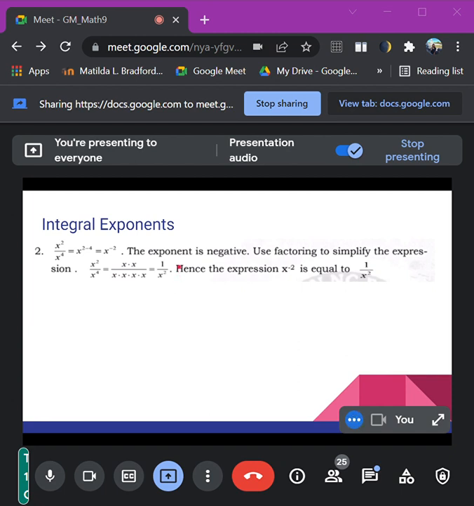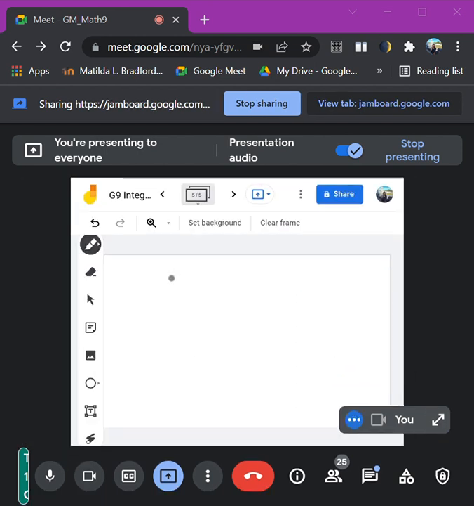Remember that if the exponent is negative, we do not stop there. What we do is take its reciprocal so that the exponent becomes positive. Let me show it using Jamboard. You have x raised to negative 2.